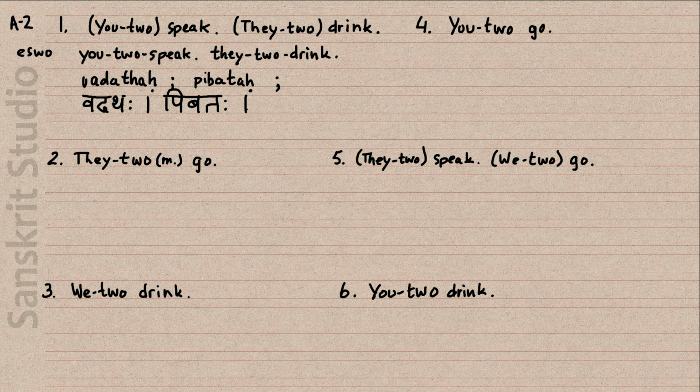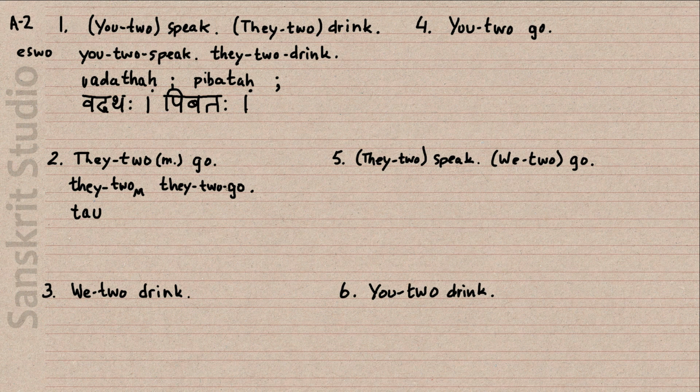Number two, they two go. Alright, so see if I can remember my own syntax here. They two go. And that's it. And so we have they two, and that we know already, that's tau.